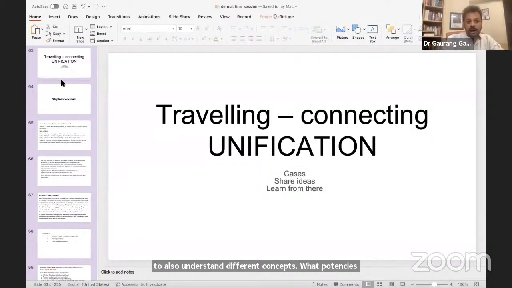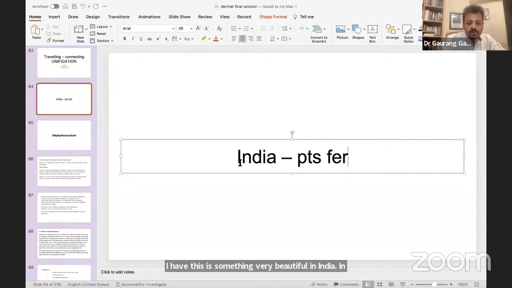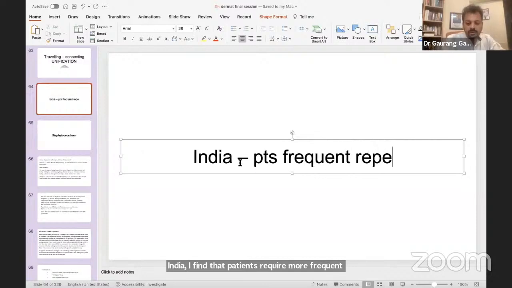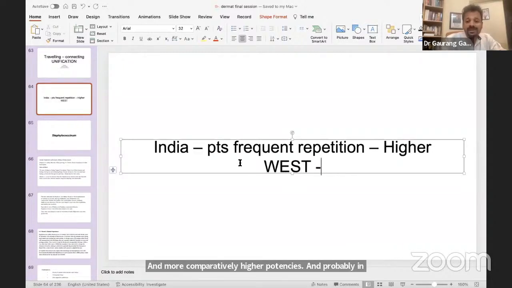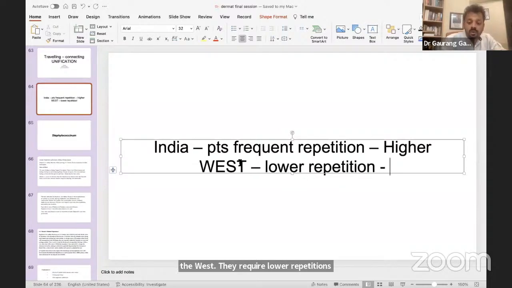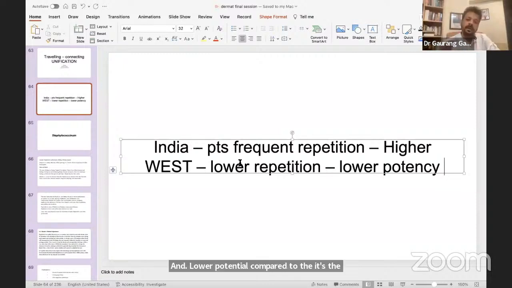For example, in India, I find that patients require more frequent repetitions and comparatively higher potencies, and probably in the West they require lower repetitions and lower potency, compared to the same patient I see here and there. It is very interesting. I also share this with my colleagues in different parts of the world, and they share similar ideas. We need to come together with these ideas.